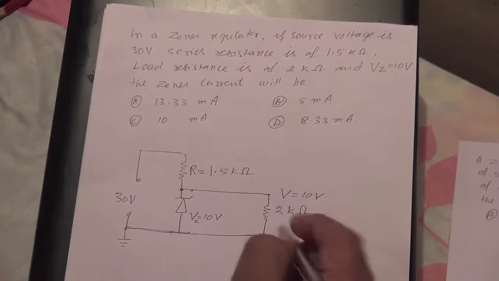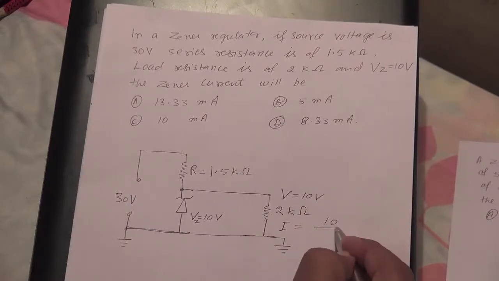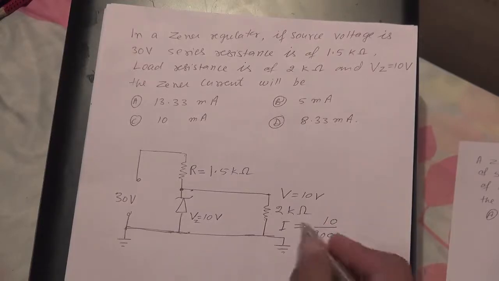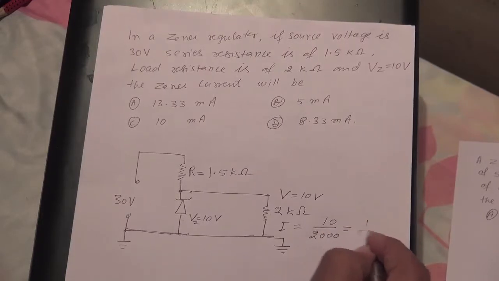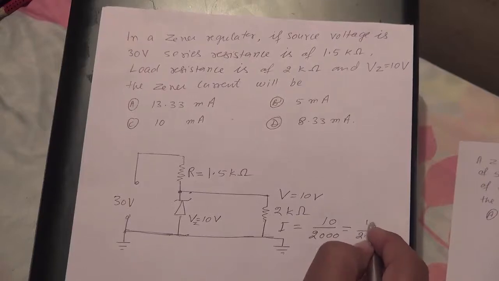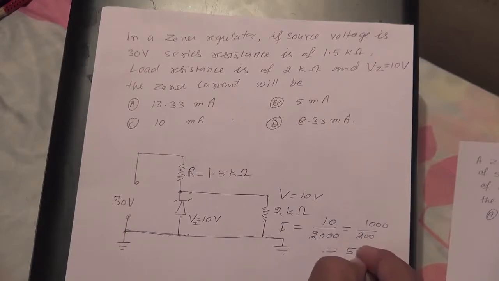What will be the current here? I is equal to voltage divided by resistance. Resistance is 2000 ohm; 2 kilo means 2000 ohm. So this comes to be 1 upon 200. And if we make it in milliamperes, we multiply it with 1000. So this is 1000 upon 200, that is 5 milliampere.